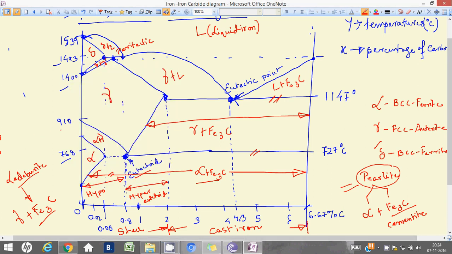So we can see certain portions. As you can see, from 0% carbon up to 0.8, this entire region, let me mark it using another color that will be much clearer for you.